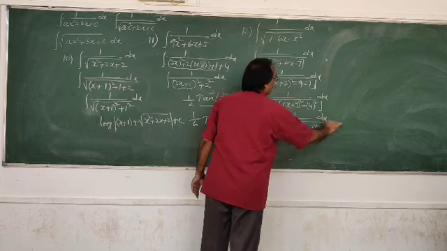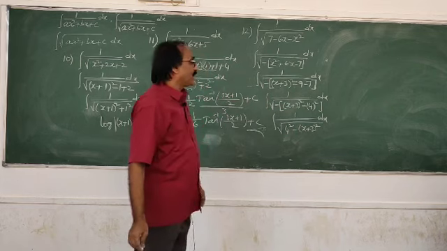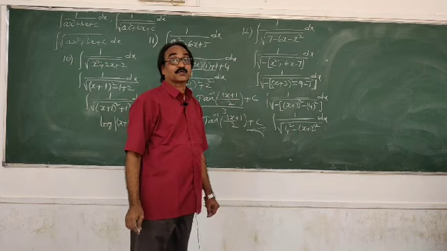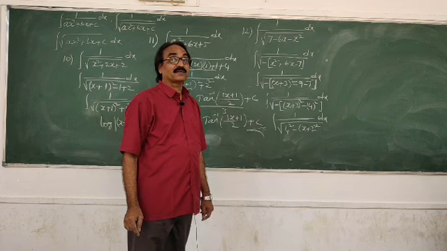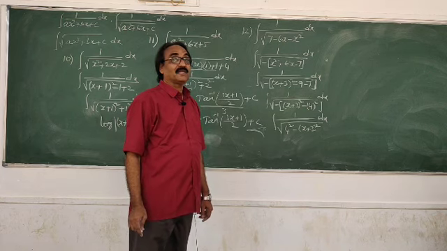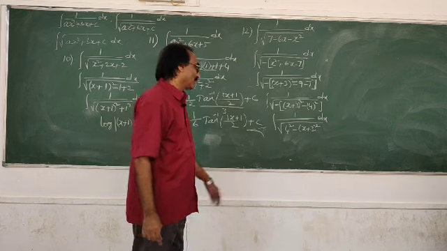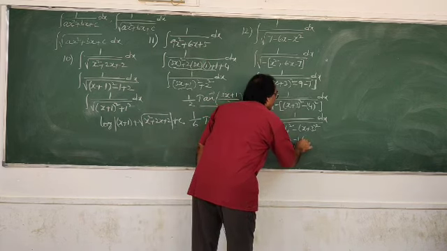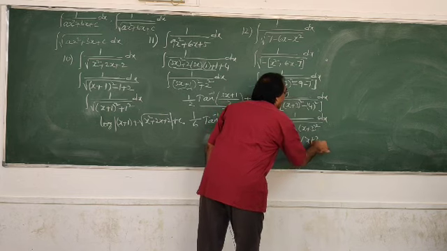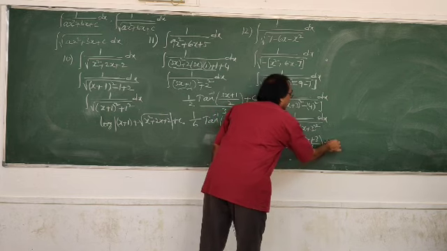This is the final. Now which formula is it? 1 by root of a square minus x square is sin inverse x by a. So it is nothing but sin inverse, x means x plus 3, a means 4, plus c.